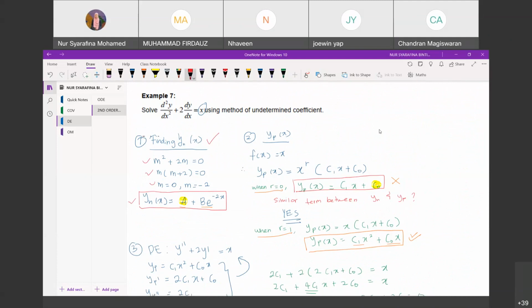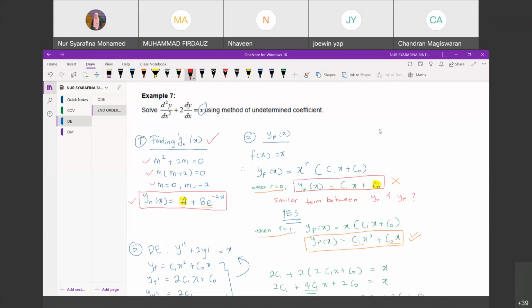You got m equals 0 and m equals minus 2, real and distinct. So YH is Ae^(0x) plus Be^(-2x). So this is the solution for YH. Okay, next, let's take a look at the right-hand side function.